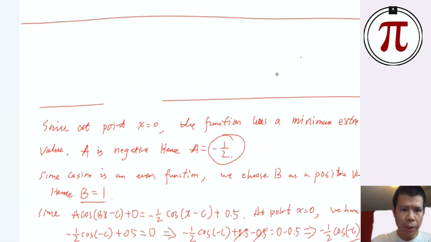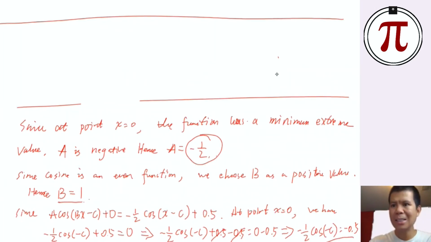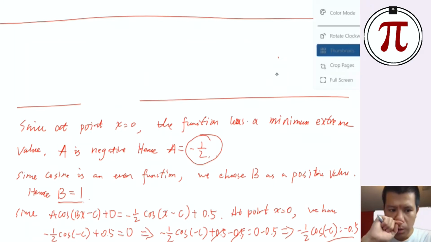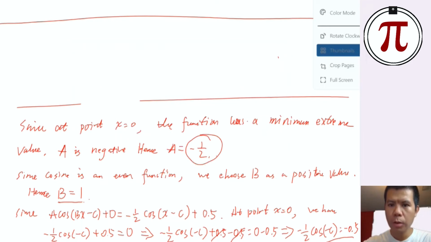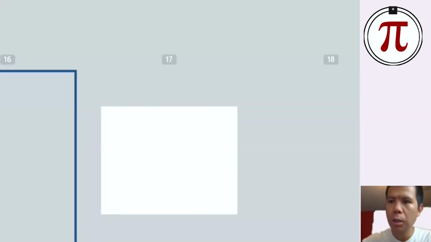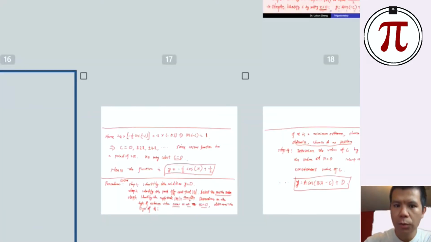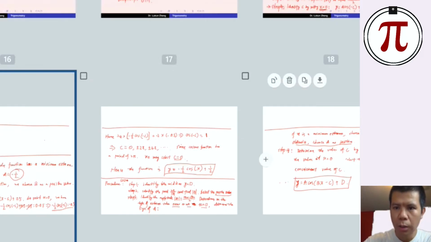Okay, let me add another page here. Sorry, is it an internet issue or not? It's coming up. Oh, come on, not working. Okay, all right, this is probably better. Sorry, so slow.